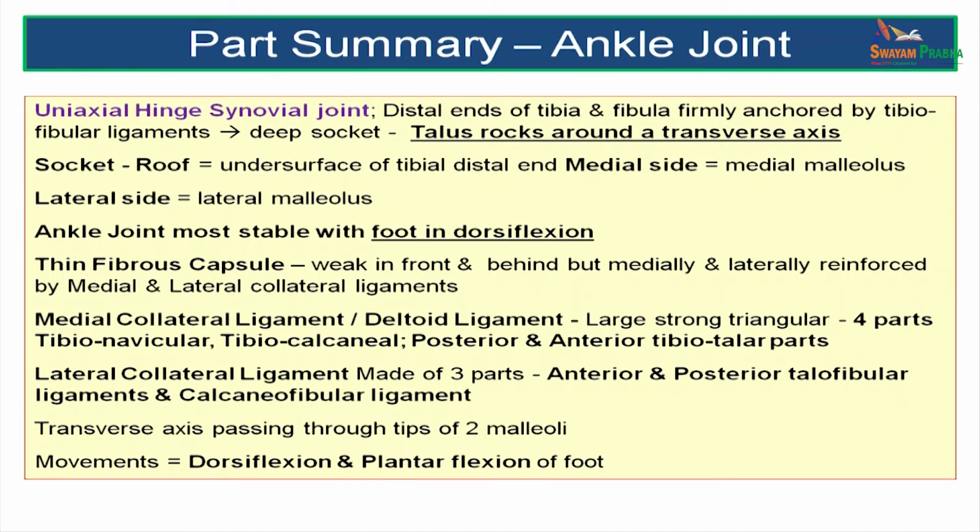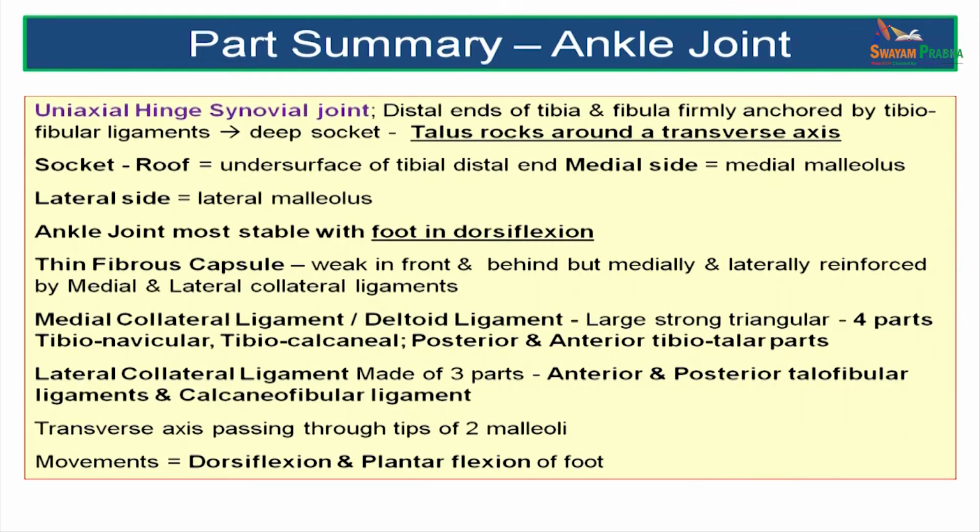The ankle joint, like every synovial joint, has a thin fibrous capsule, thin anteriorly and posteriorly, but reinforced on either side by the medial and lateral collateral ligaments. The medial collateral ligament is very large, it is triangular, so it is called the deltoid ligament, and it is made up of 4 parts: the tibionavicular, tibiocalcaneal, posterior and anterior tibiotalar parts.